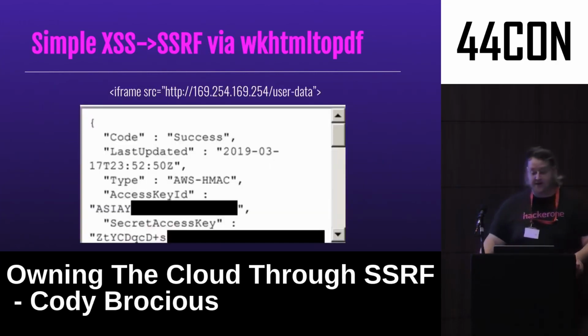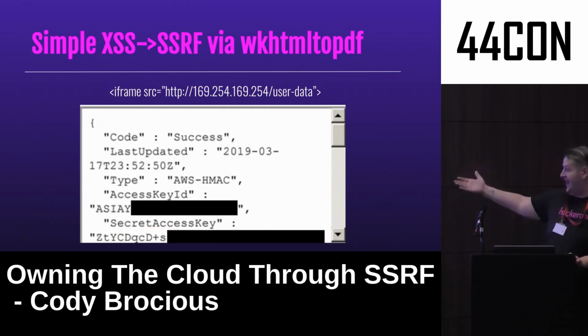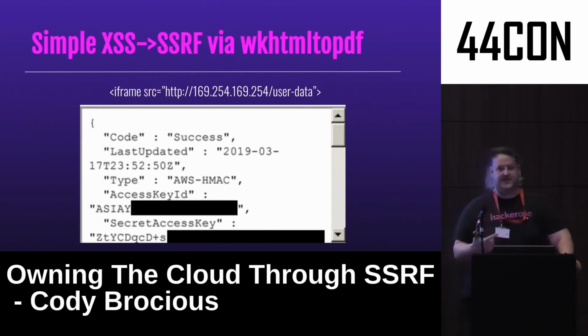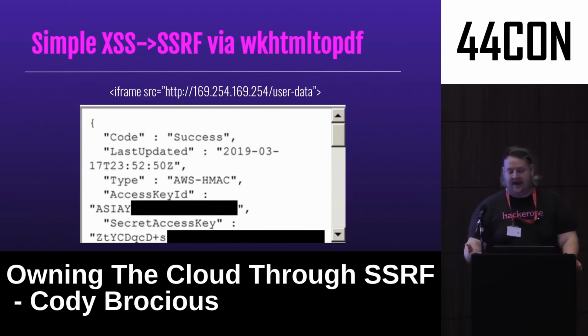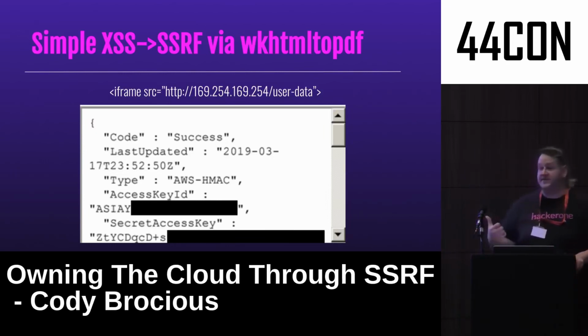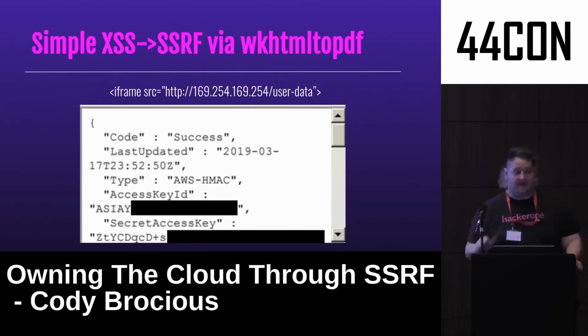And if you go ahead and just throw in that user data endpoint for Amazon AWS, once you've seen where it's coming from, you're going to know exactly what it's hosted on. You're just going to get it to spit out the access key ID and the secret access key. If they haven't set their permissions perfectly in AWS, this will allow you to spin up instances, access any of the instances, access all of their data stores in S3, all of that stuff, just using this data that's dumped out from that iframe, and it just goes right into your PDF.